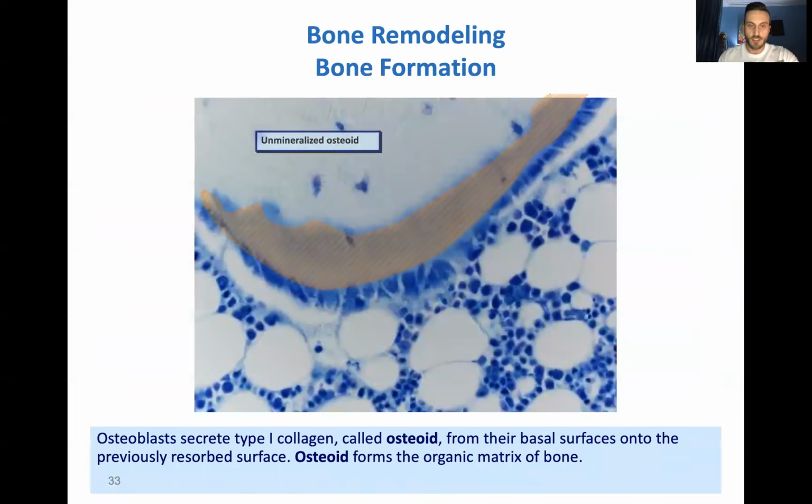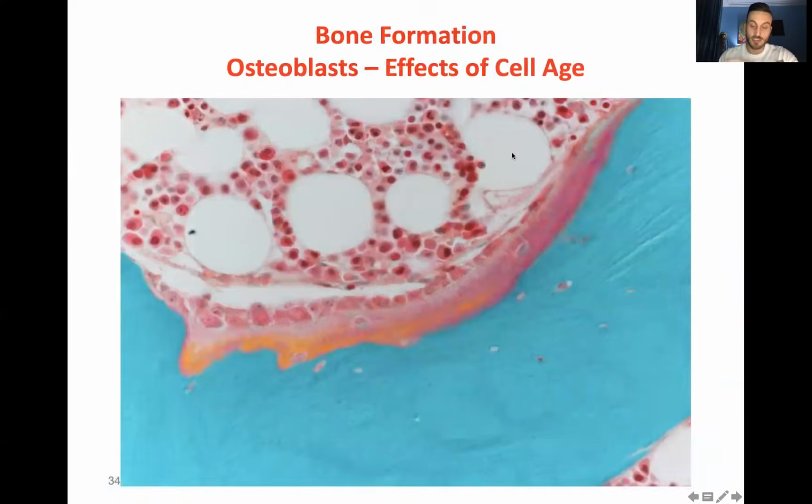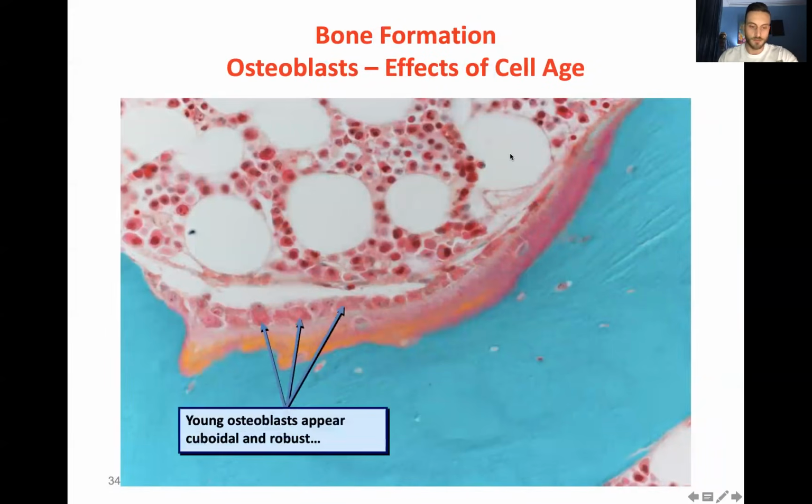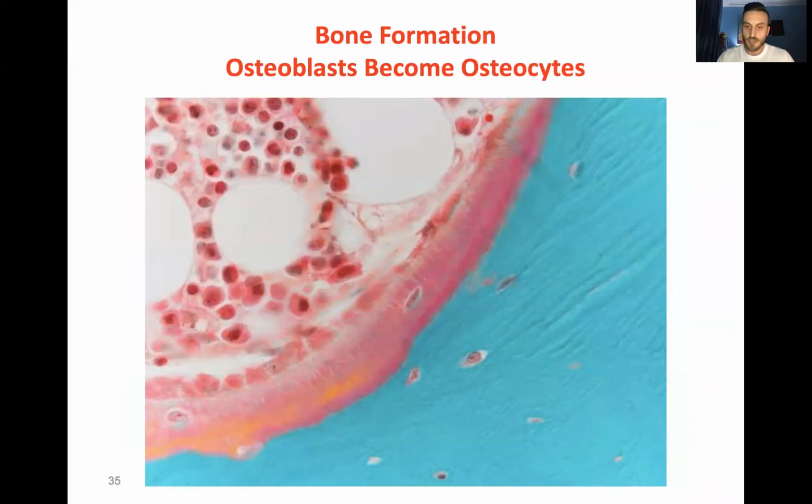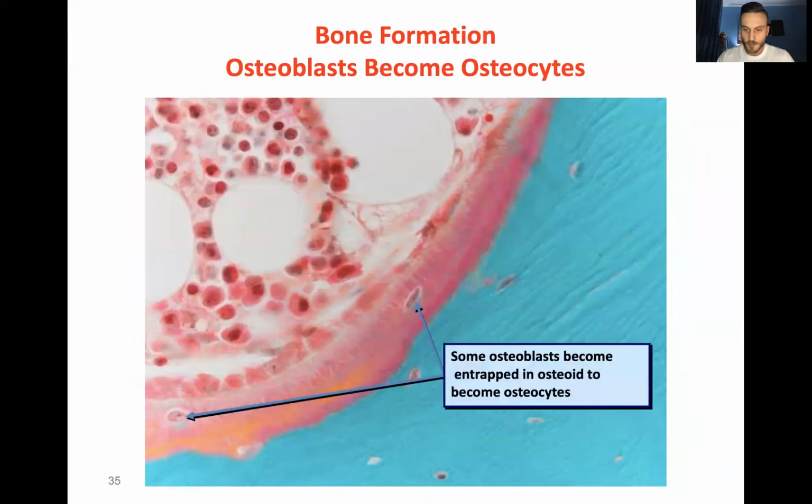So you can see in this picture the unmineralized osteoid, the new bone formation. This is the new bone formation, which still does not have mineralization. These are the young osteoblasts that came after the osteoclastic activity stopped, and they are doing bone formation. And if you look here, you can see the osteocytes entrapped in the matrix, which are the osteoblasts that stopped working.